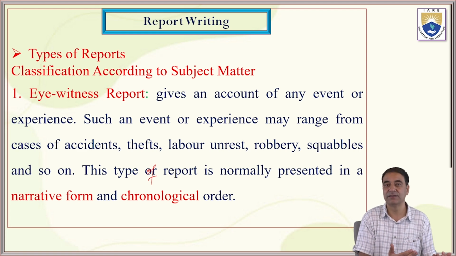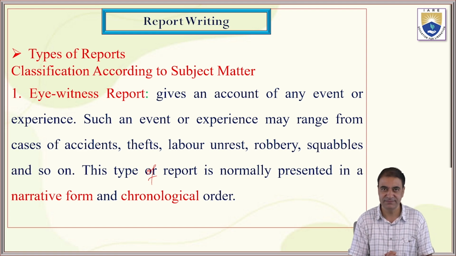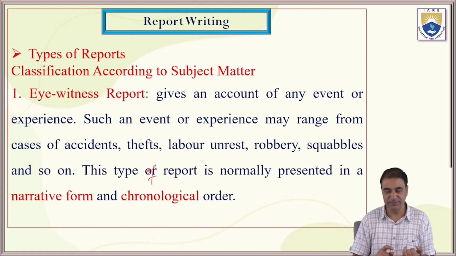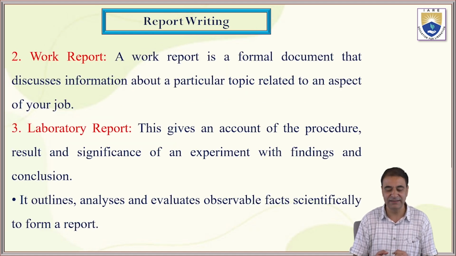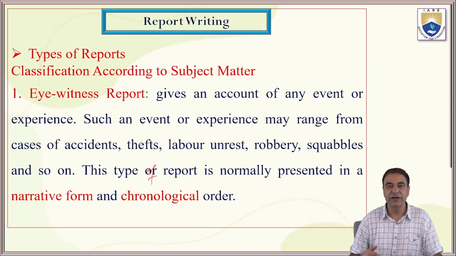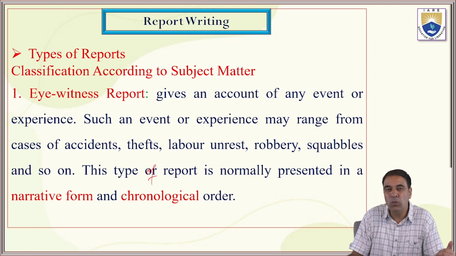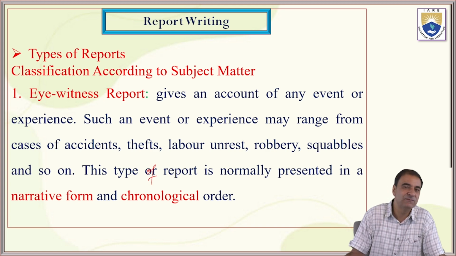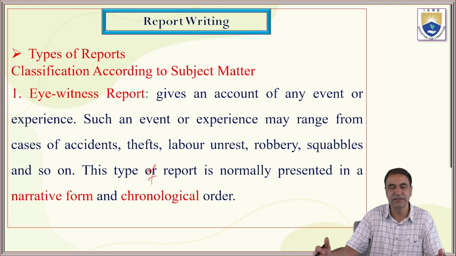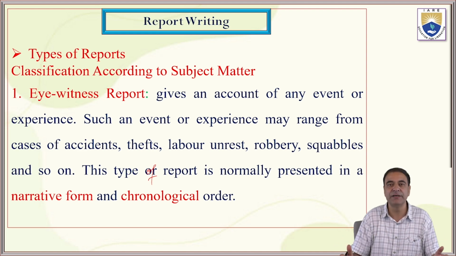For example, if it is a road accident, we follow a certain pattern, a certain order: where it happened, that means the road accident, and second, we see when it happened, that means the time of this accident, and how it happened and why it happened. We give all this information in a chronological order, in a particular sequence. We follow a logical order.